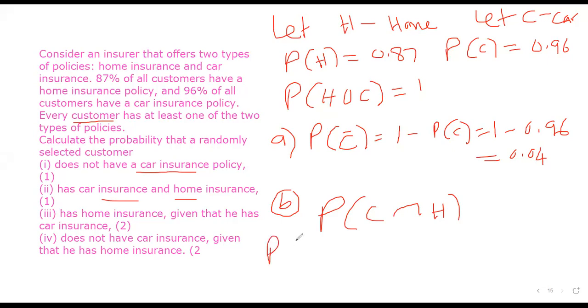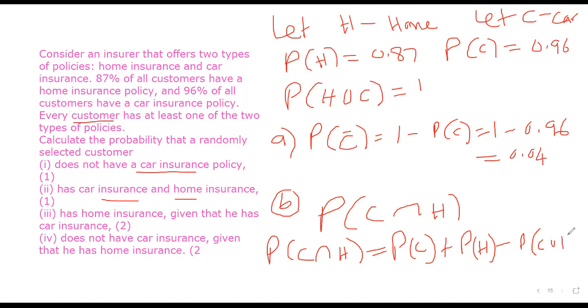C intersection H is equal to the probability of C plus probability of H minus the union, C union H. Here, if we had the union, we would have put intersection there. Because we have intersection, why are we using this formula? Because we've been given the union already.